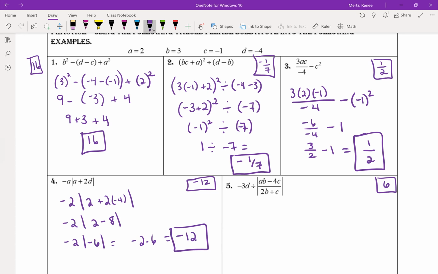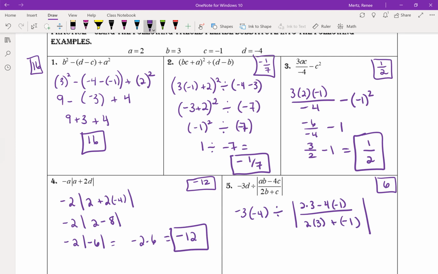And then 5, we get negative 3 times negative 4 divided by, and then this large chunk of absolute value. 2 times 3 minus 4 times negative 1, all over 2 times 3 plus negative 1. Close that.